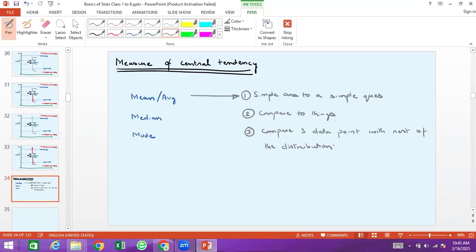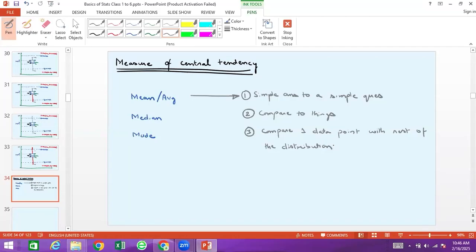If on an average I get 2 crores of sales per month, and if last month I got 3 crores of sales, then last month was better as compared to the other months. If on an average I get 2 crores of sales, but if last month's sales was, let's say, 1.7 crore or 1.6 crore, I can say that the last month was comparatively bad as compared to the rest of the months.